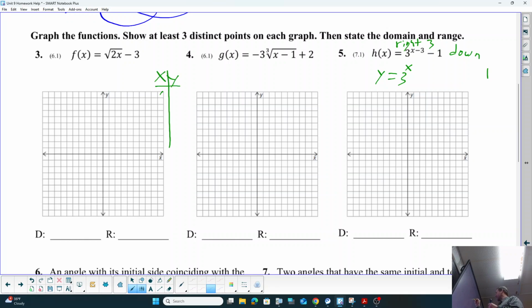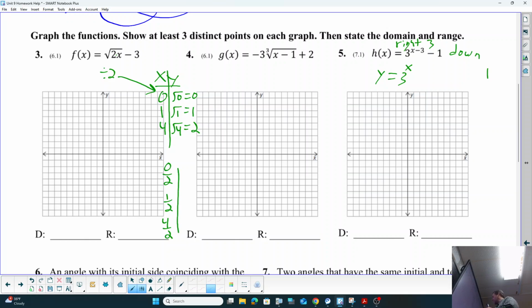If we do 0 and 1 and 4, the square root of 0 is 0, the square root of 1 is 1, and the square root of 4 is 2. But we've got a 2 in there. What's the opposite of times by 2? Divide by 2. Those are x values. So that would be 0 divided by 2, 1 divided by 2, and 4 divided by 2.